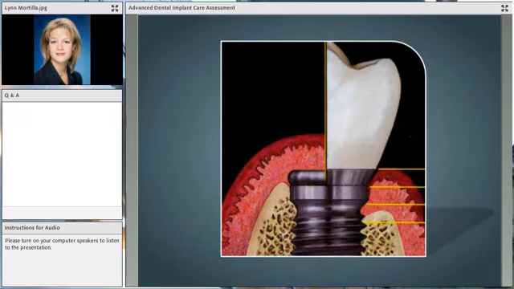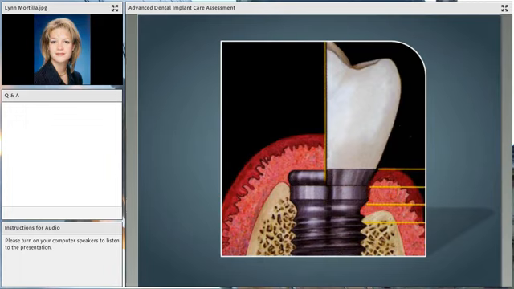Now, there are a lot of different theories, a little bit beyond the scope of what we're talking about tonight, of why this 1 millimeter of bone can be lost, but I want you to be very clear and aware that during the assessment phases of implant dentistry, if you see 1 millimeter of bone loss at the crest, do not assume that there is a problem. There are things that happen that we will talk about in subsequent slides that are responsible for causing this millimeter of bone loss, and it's completely acceptable.